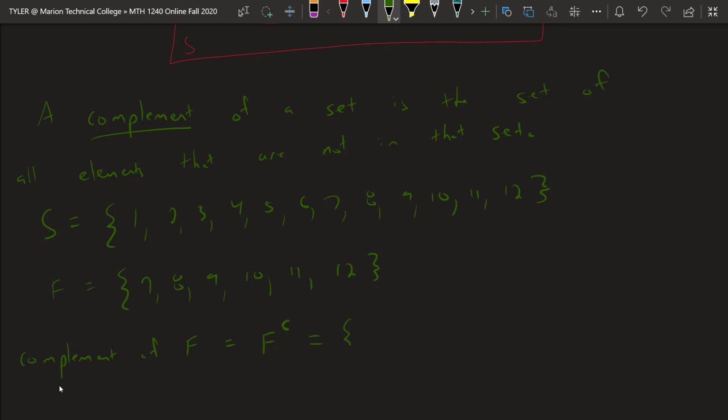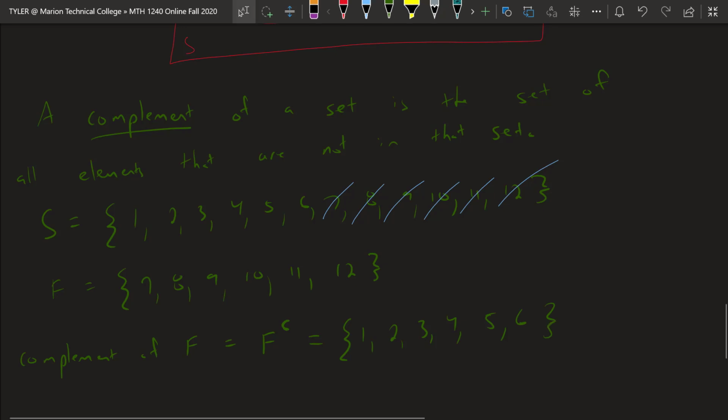That would be the set of everything that's not in F. If I look at the sample space and cross out everything that's in F, then what's left is F complement. So this would be equal to 1, 2, 3, 4, 5, 6.